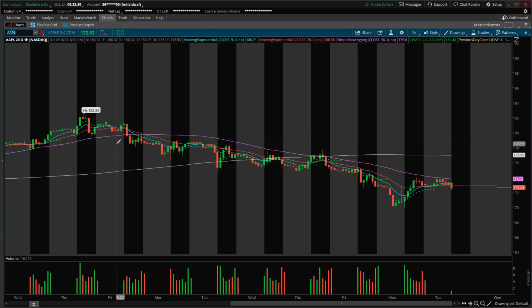So you'll see right over here, where the 9 and the 20 crossed, that was the shorter term moving average line reversing to the downside, and then you have the bigger simple moving average lines crossing down over here, confirming that it's a bigger overall reversal to the downside.